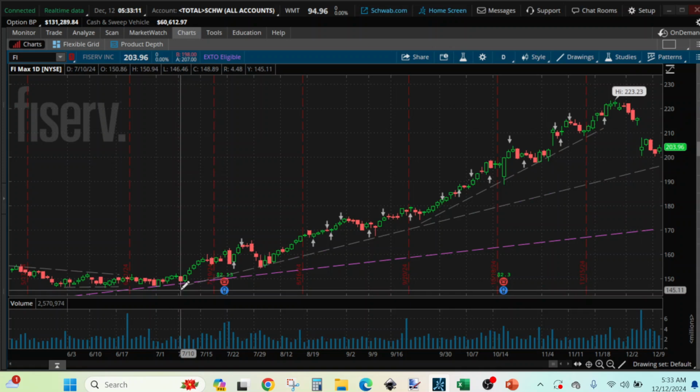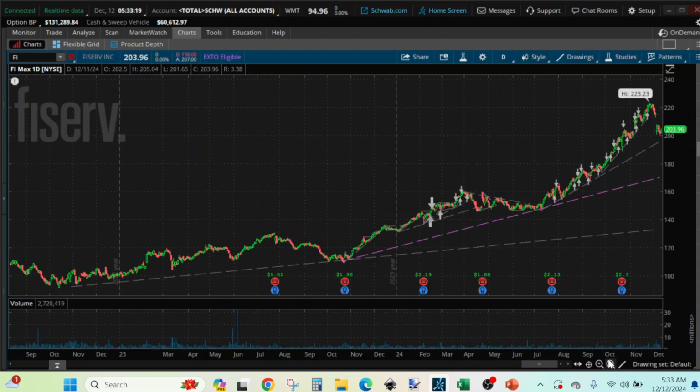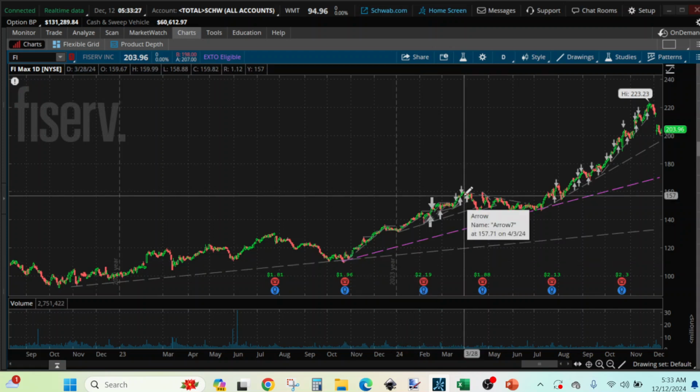This line has been going on since June, July. We have a similar one here from October to March.